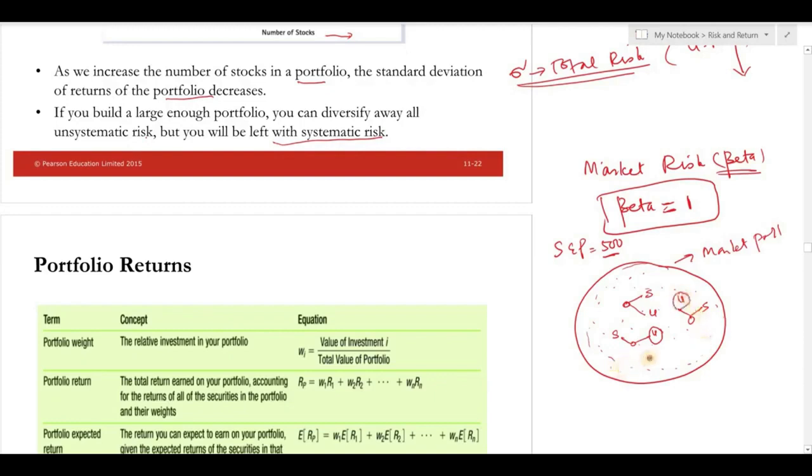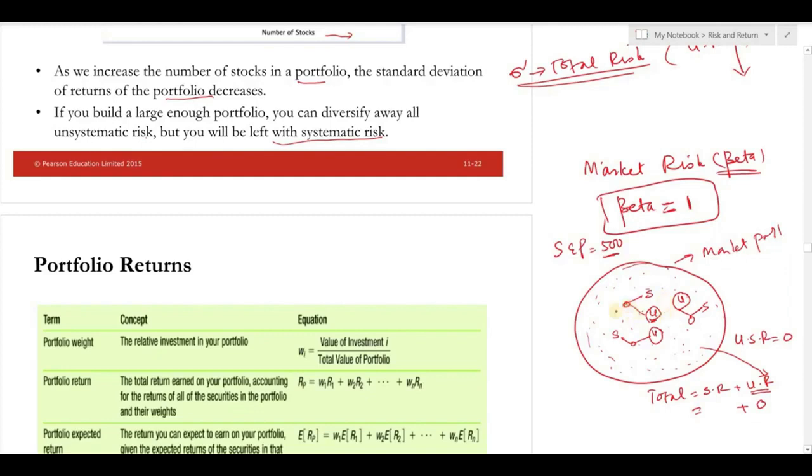Because we have taken all the possible companies in the portfolio, if one is losing, the other one is making profit, so the unsystematic risk of the overall portfolio will become zero, right? So if we say the total risk is equal to systematic risk plus unsystematic risk, it means this unsystematic risk becomes equal to zero, because we have added all possible companies where the risk of every company is offset by the other company. So it means we have 100% diversified, meaning we have made unsystematic risk equal to zero.